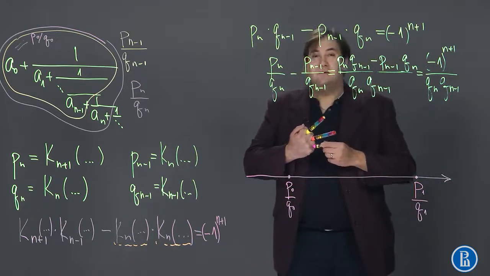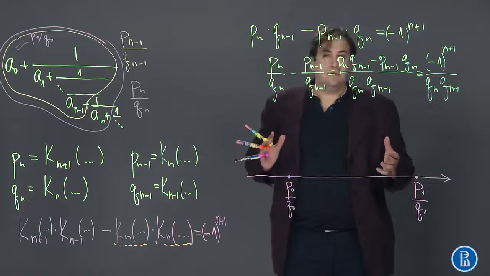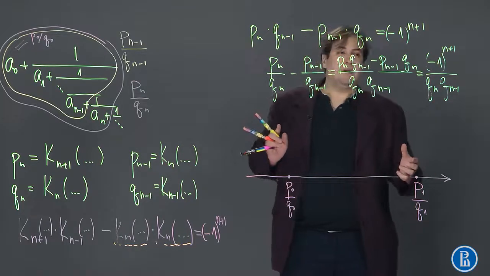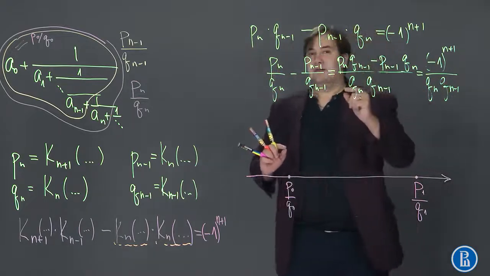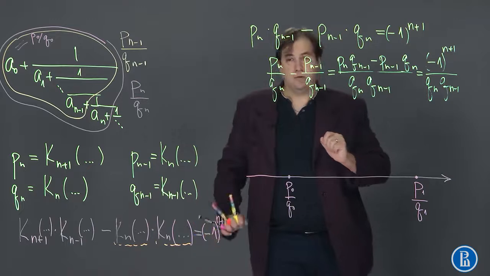And where is P2 over Q2? So once again, we rely on this equality and substitute 2 instead of n. So n is equal to 2.